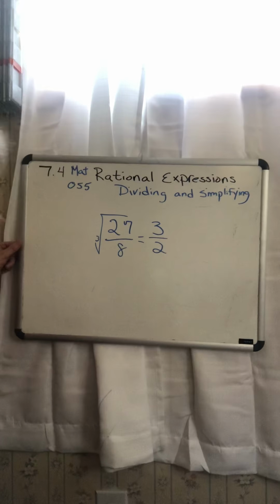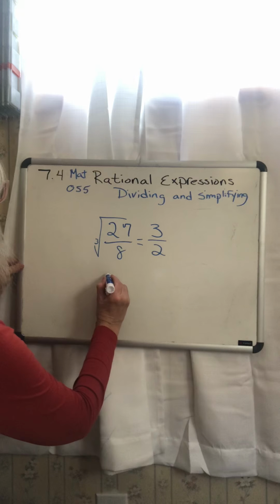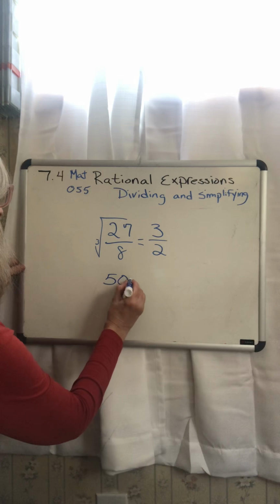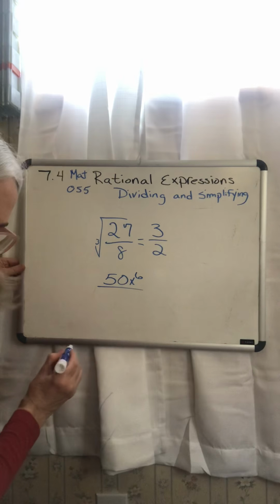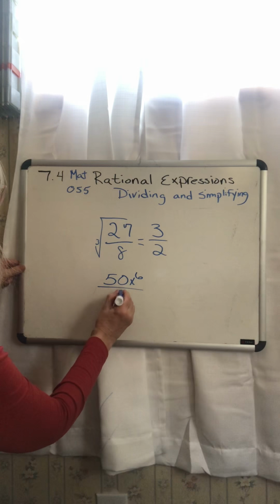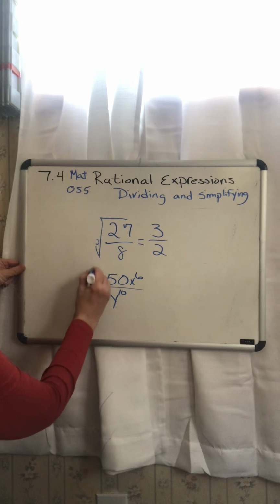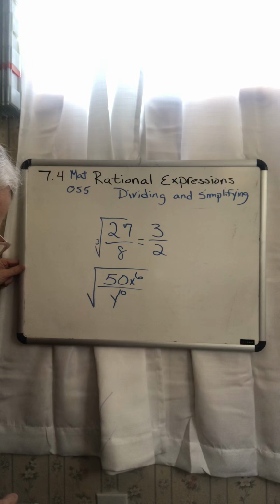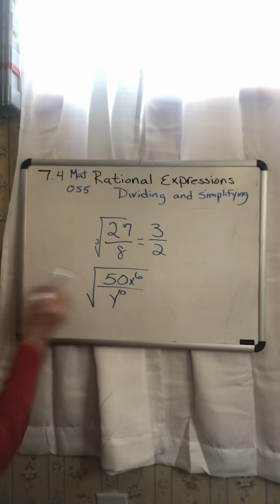All right, so let's go ahead and look at number 3. Number 3 is 50x to the 6th divided by y to the 10th, and it's a square root.